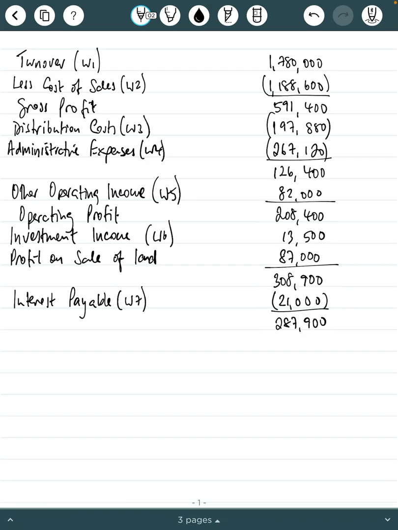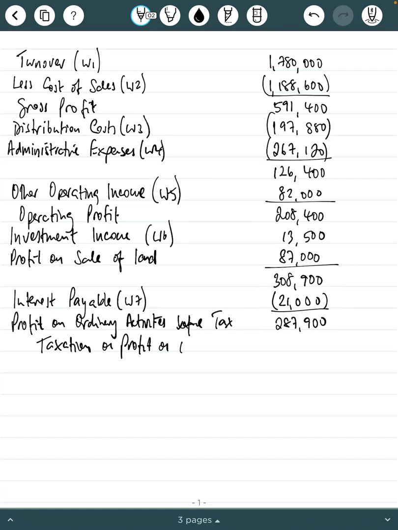And that is profit on ordinary activities. Sorry about the squiggly writing, lads, I'm just trying to fit it in there, before tax. Then we want our taxation on profit on ordinary activities.